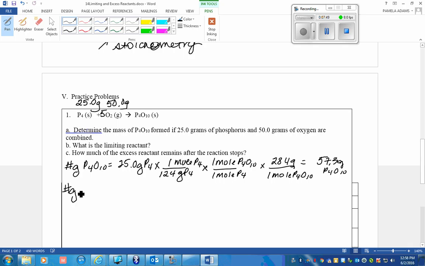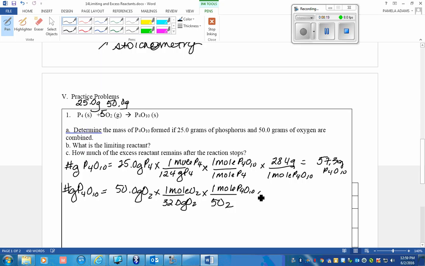The amount of P4O10 that can be formed from 50 grams of O2 is calculated in this fashion. The stoichiometry, the ratio of coefficients here, is that 5 moles of O2 react to form 1 mole of P4O10. 1 mole of P4O10 still has a molar mass of 284.